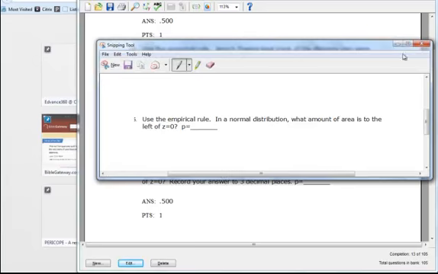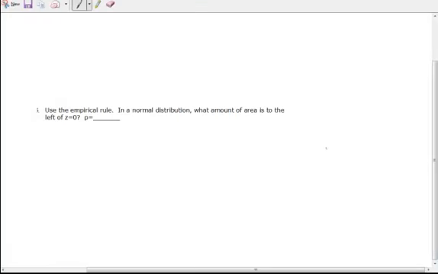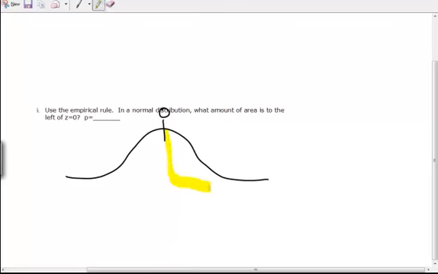We want to be in the area that's left of z equals 0. So we have 0 here, and we want to know how much is this over here. Oops, that's not left. That's right, to the left of z equals 0. Well, if you recall, this over here, the left-hand end is 0.